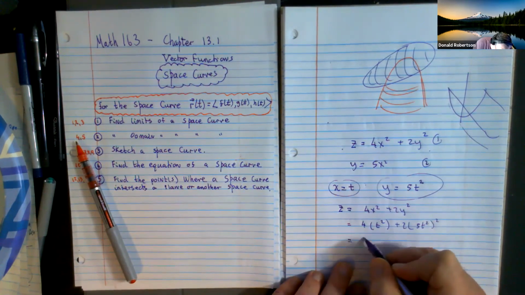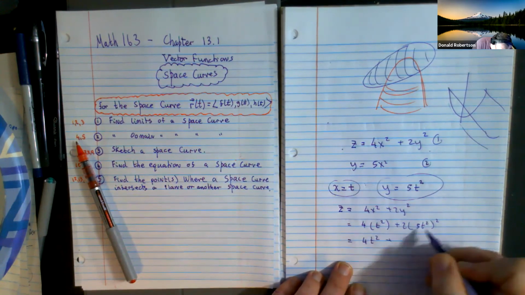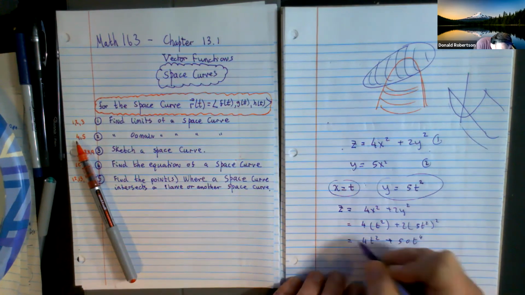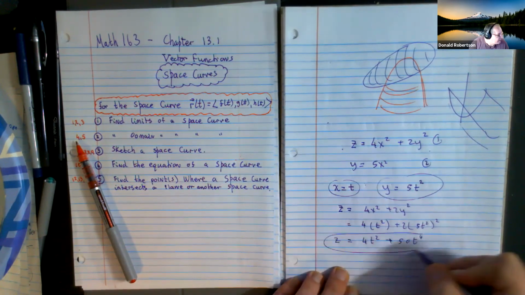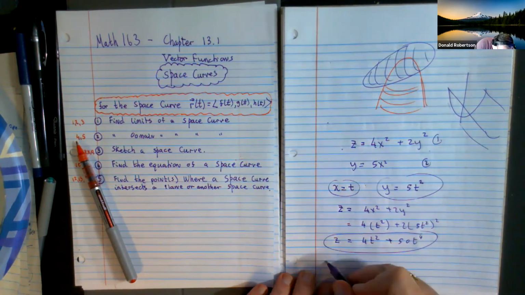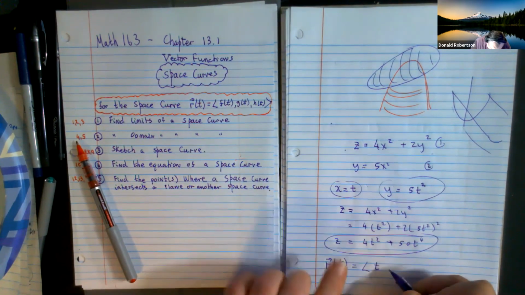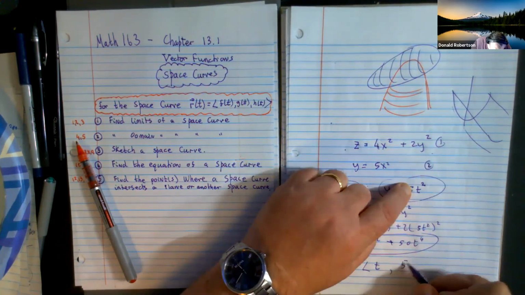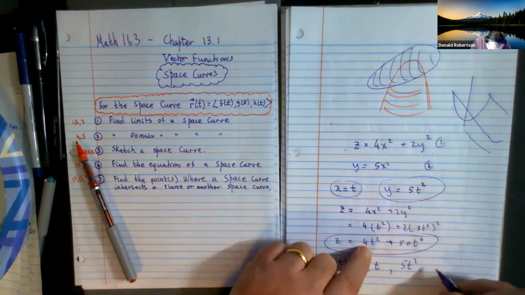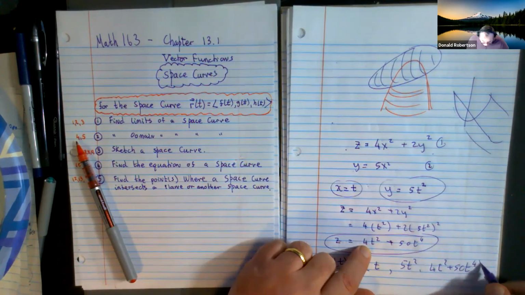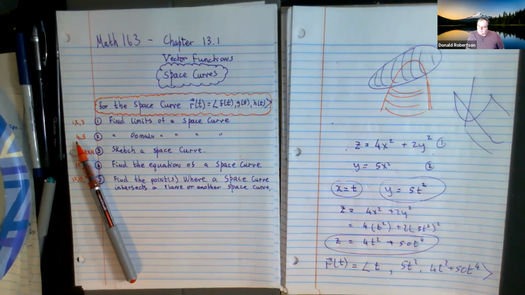So it's going to be 4t squared, 25 times 2 gets you 50, t to the 4, and there's your z. So if you want the parametric equation, it's t, comma, 5t squared, comma, this guy. A little bit of a cheat, but it works, doesn't it?